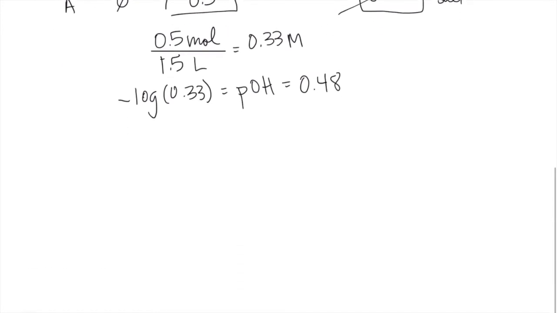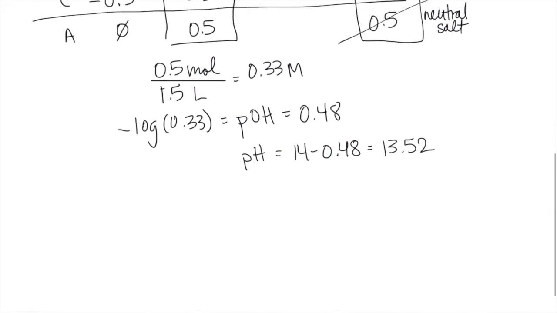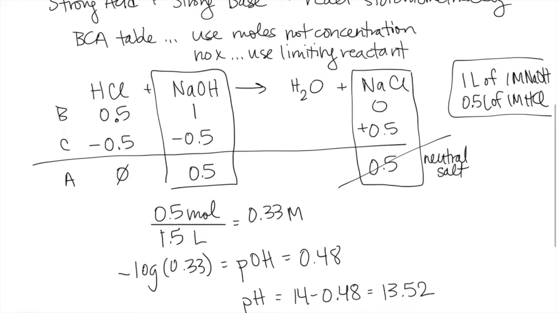So when I want to find my pH, it's just 14 minus that, which is 13.52. And that makes sense because I've got a bunch of NaOH left over, so it makes sense that 13.52 would be my pH. This was the first example of what could happen if I'm mixing together a strong acid and a strong base.